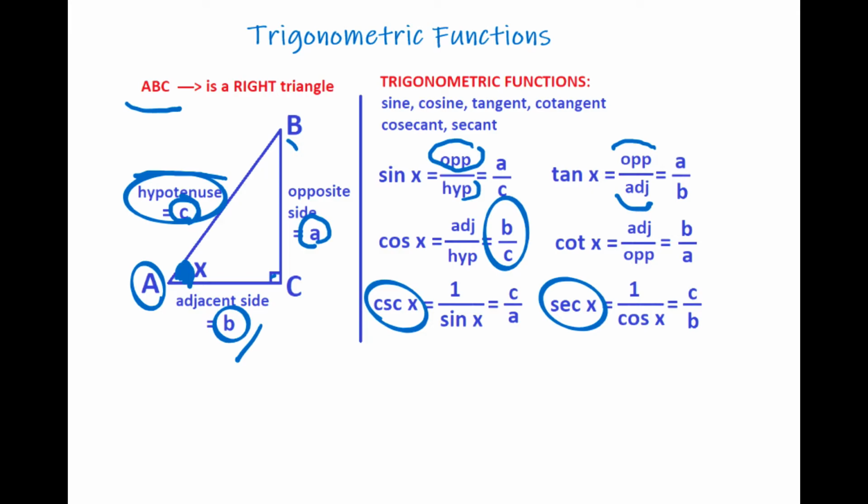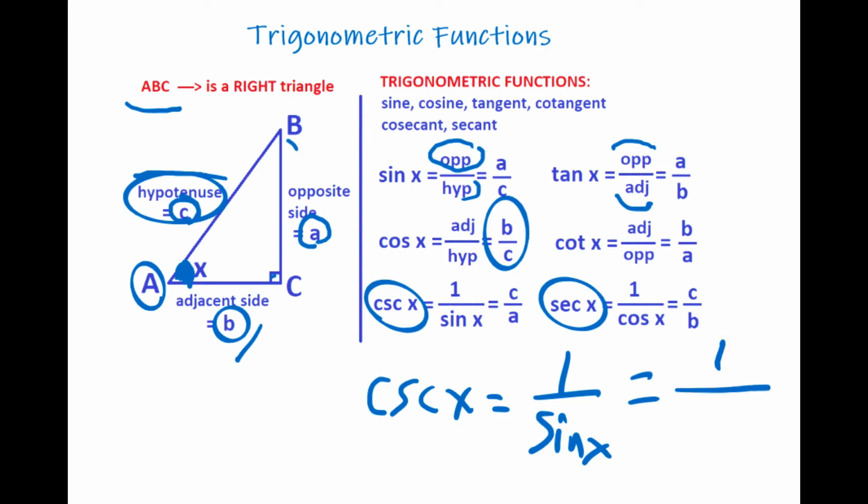Cotangent x is the inverse of tangent x, if you realize. So cotangent x is adjacent divided by opposite side. Adjacent is B and opposite is A, so the result is going to be B divided by A. If you look at cosecant here, as I said, it is 1 divided by sine of x. So cosecant x is 1 divided by sine of x, and what is that?